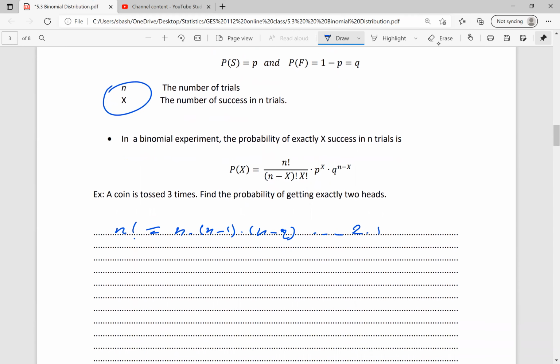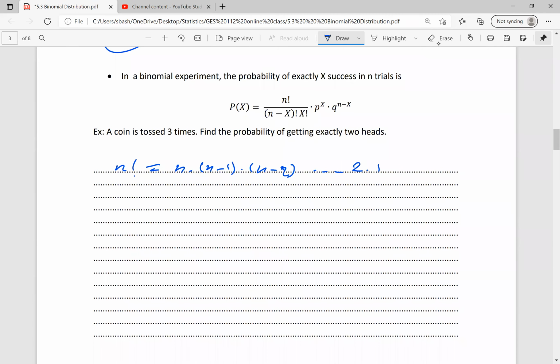First of all, is this a binomial experiment or not? If we are tossing a coin, it has 2 outcomes, head or tail. And each time we throw the coin, the probability will not affect the other trials. So this is a binomial experiment. For the coin, either I have head or tail.